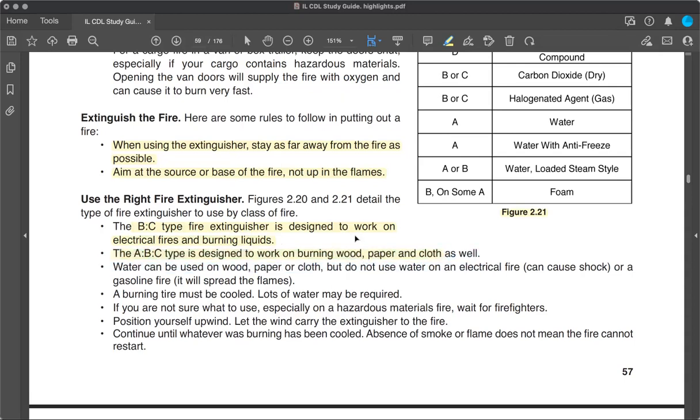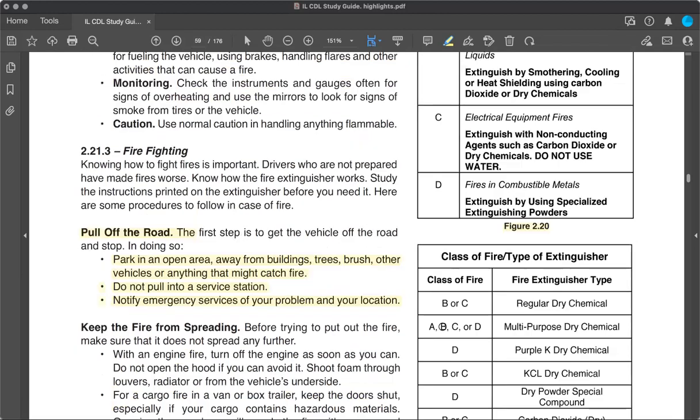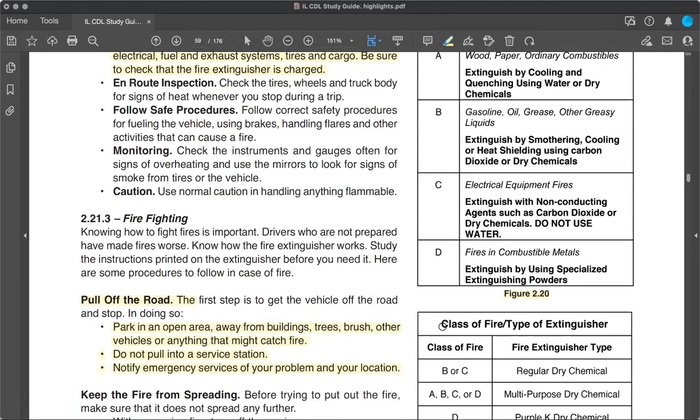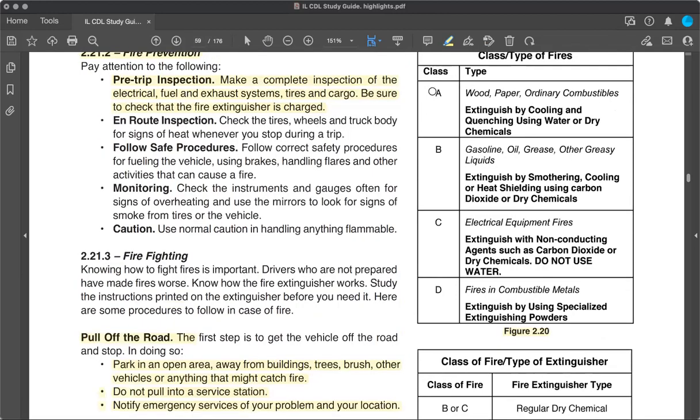And so because of these, you'll see that in our school buses, we have ABC fire extinguishers that cover electrical fires, burning liquids, burning wood, paper, and cloth. They can handle all of those. And so over in the figure 2.20, I just have highlighted class A, class B, class C, because the fire extinguishers we have can handle all of those.